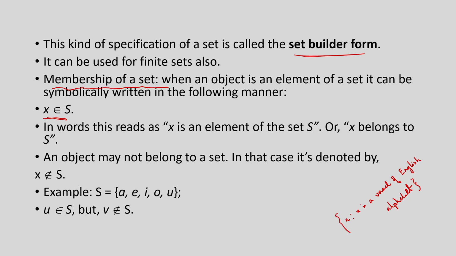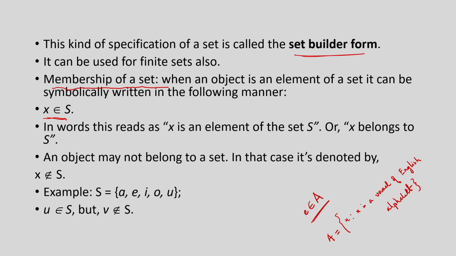In words, this reads as X is an element of the set S, or X belongs to S, right. So, for example, E belongs to A. A is the set of alphabets, if you remember. Okay. So, this is how we denote the fact that a particular object is an element of a set.